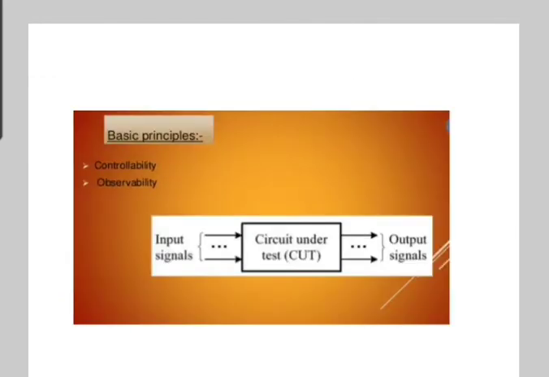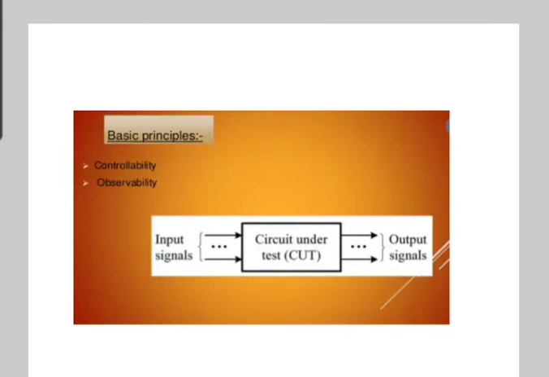So the basic principles are controllability and observability. We have already seen these principles, so here we will see in short what controllability and observability are. Observability is the degree to which it can be observed that a node at the output operates correctly.